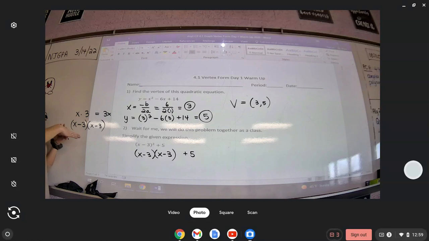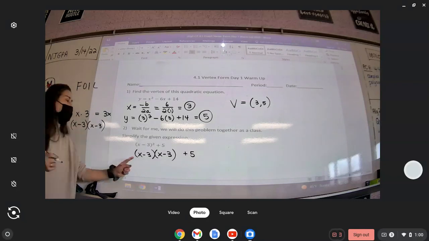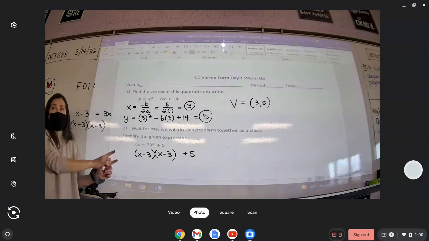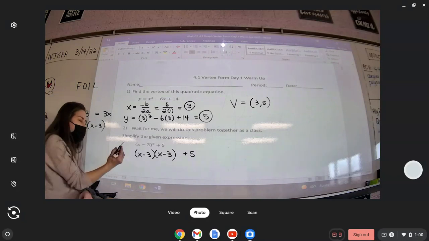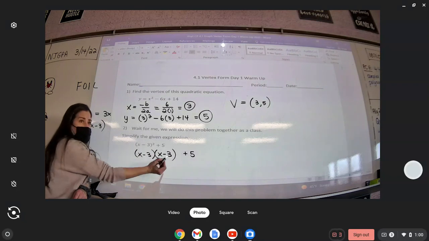So how do I multiply around all of this subtraction? Well, you FOIL. It's basically distribution. It's double distribution. So FOIL is a little phrase that helps you remember the order in which you should multiply. But at the end of the day, you're going to take the first term in the first parenthesis and you're going to distribute it to the second parenthesis.